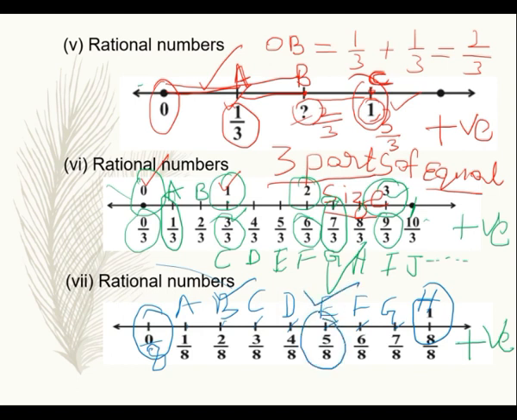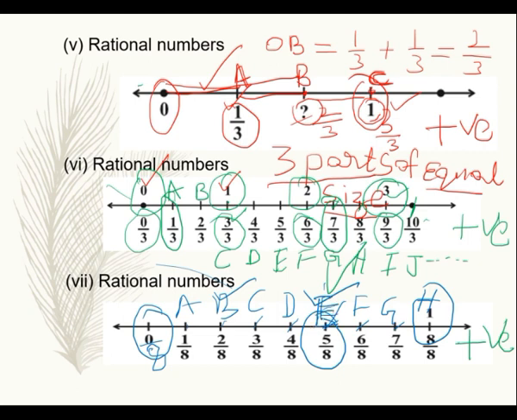It is E. So if I show that point E, that is enough to represent 5 by 8 on a number line. I have to take first 0 to 1, make 8 parts from 0 to 1, and show that 5 by 8th part, which shows the distance from 0, and the point corresponding to it is E.